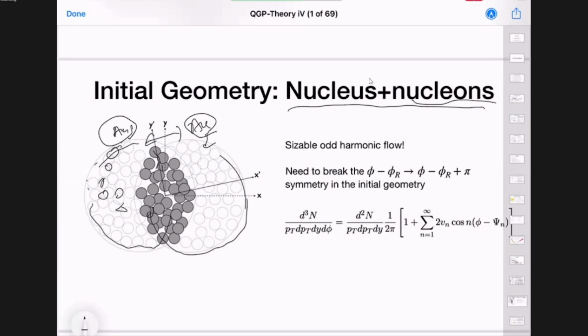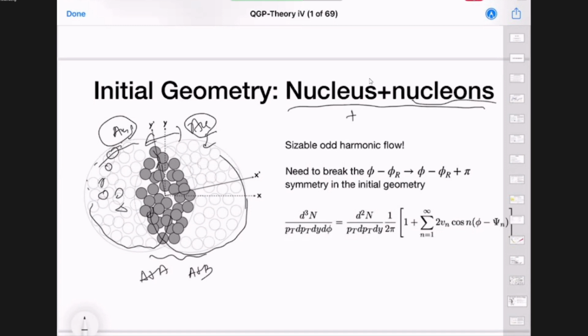So even though it is a symmetric collision, if you think event by event, it's some A plus B collision, right? When you think in terms of a collision between the nucleons, the positions of these nucleons could be different. Of course, there are more sources.